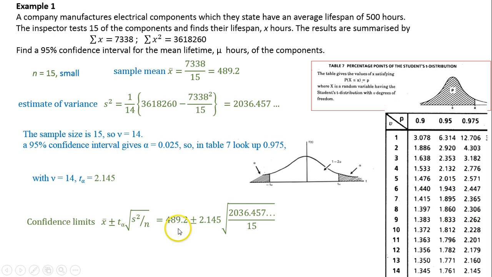So we have 489.2 for x bar plus or minus 2.145 for the t times the square root of s squared over 15, giving us end points 464.21 and 514.2, so the interval is between those points. That is our 95% confidence interval.